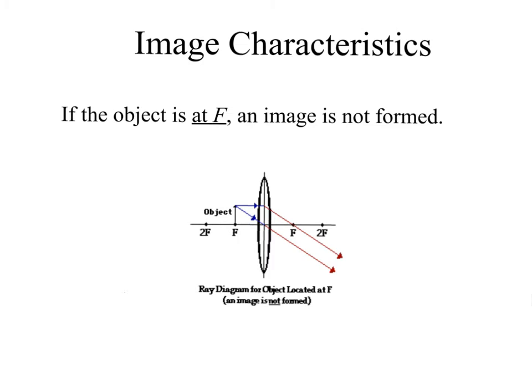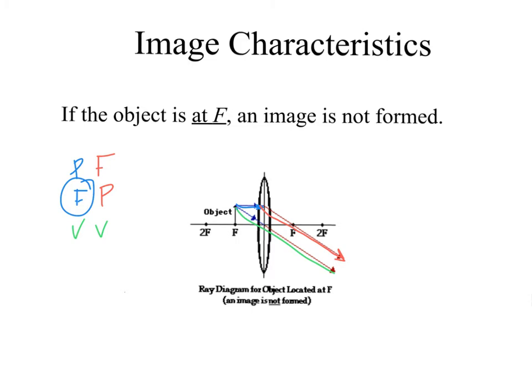So in this scenario, if you recall our rules, we have P to F, F to P, and V to V. So here we have parallel to focal, and we have V to V. Now, just like with our mirrors, when the object was on the focal point, you are not able to draw that focal point incident ray because you cannot simultaneously go through the focal point and also go through the lens.